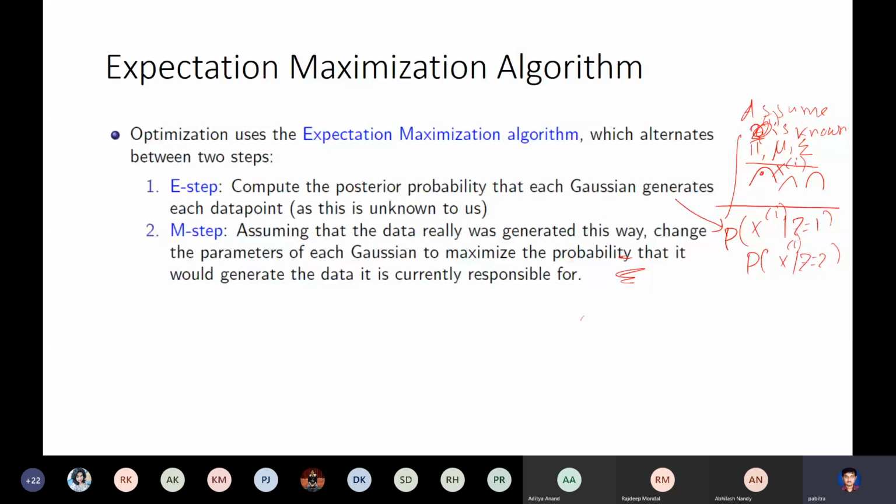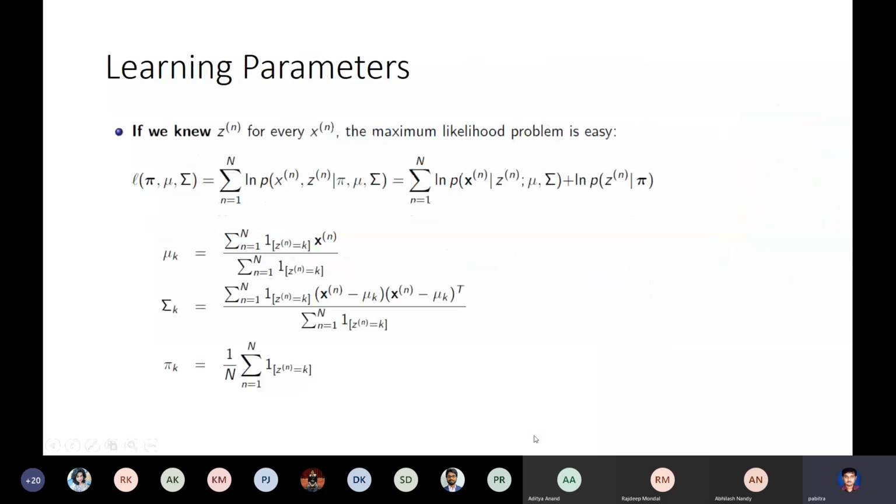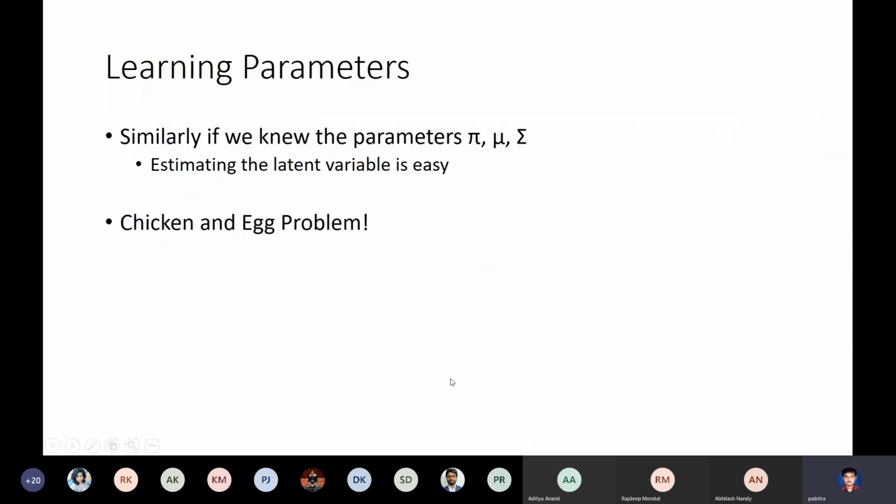So this gives you values of z. This gives you the z vector. In the next step, assuming the z vector, you estimate mu, sigma and pi by this formula. That is your M step.